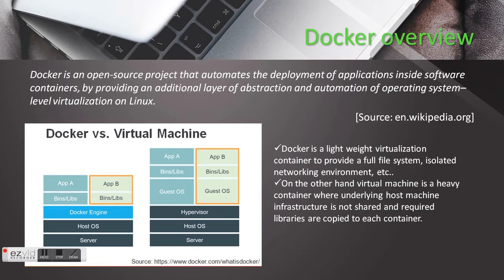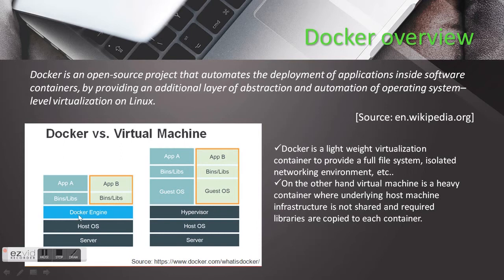So the difference between Docker and virtual machine is that Docker is a lightweight virtualization container to provide a full file system isolated networking environment. On the other hand, a virtual machine is a heavyweight container. Underlying host machine infrastructure is not shared, and required libraries are copied to each container.